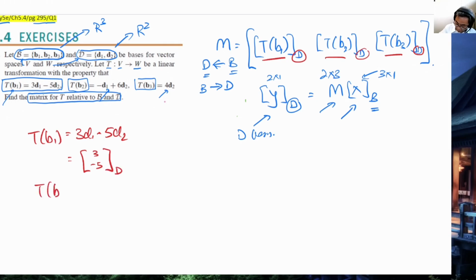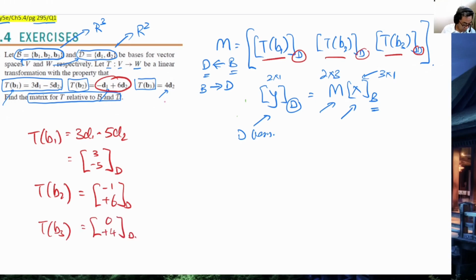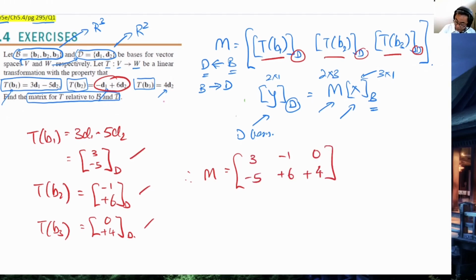Similarly, T(B2) equals (-1, 6) in the D basis, and T(B3) equals (0, 4) in the D basis. Therefore, the matrix M is simply equal to, we take these columns and put them together. This is the answer.